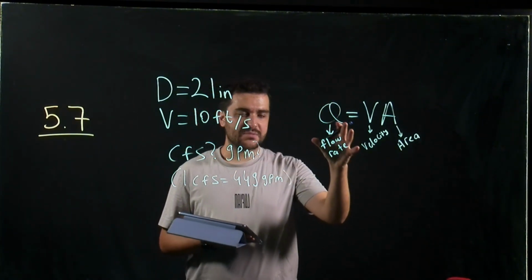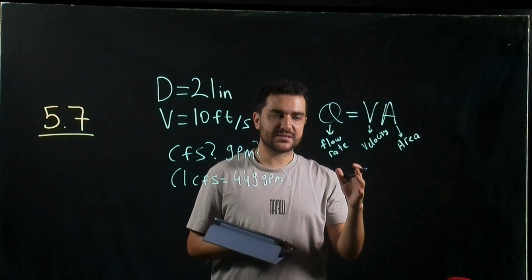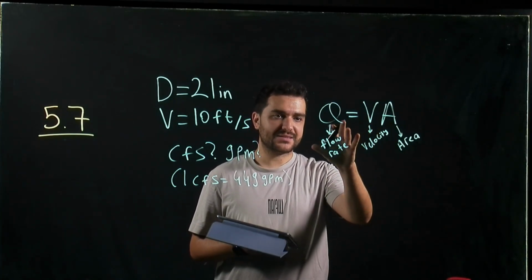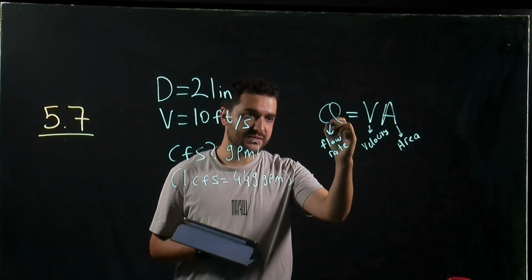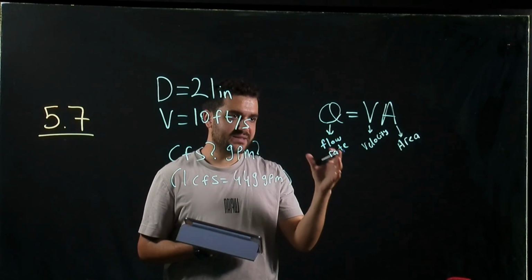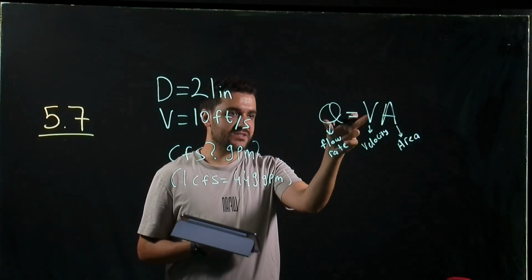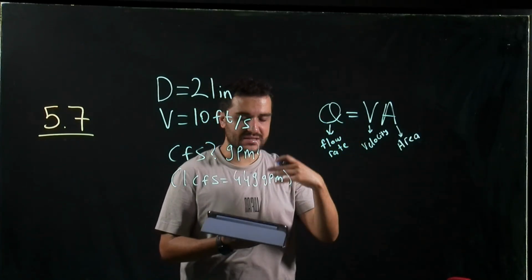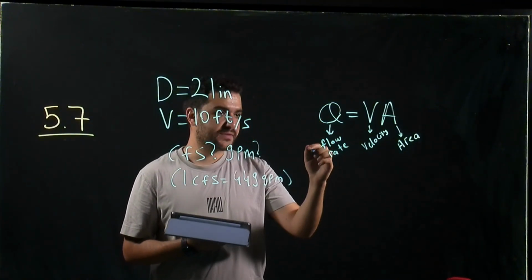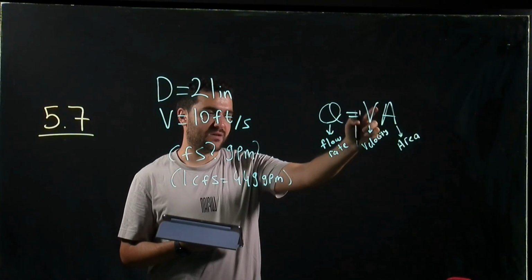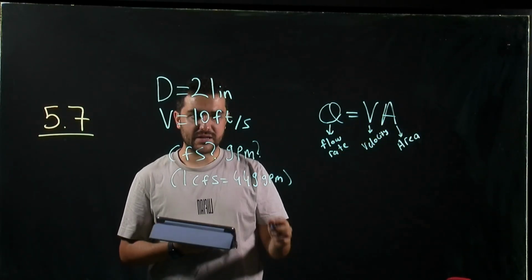This actually comes from very complex equations, but eventually this is the final version, and we usually apply this. So to find the flow rate, we have velocity and we need to find area.